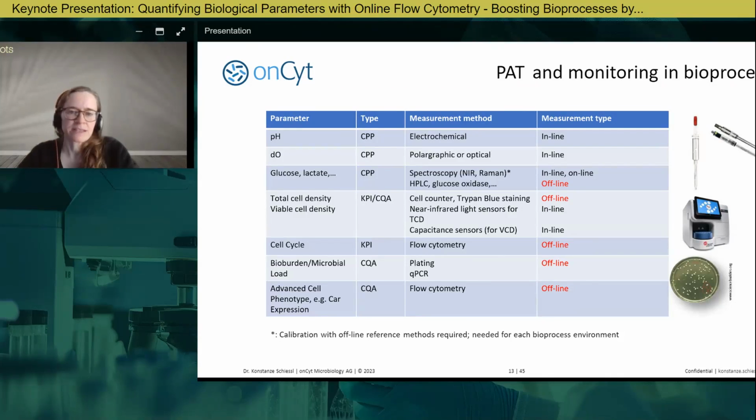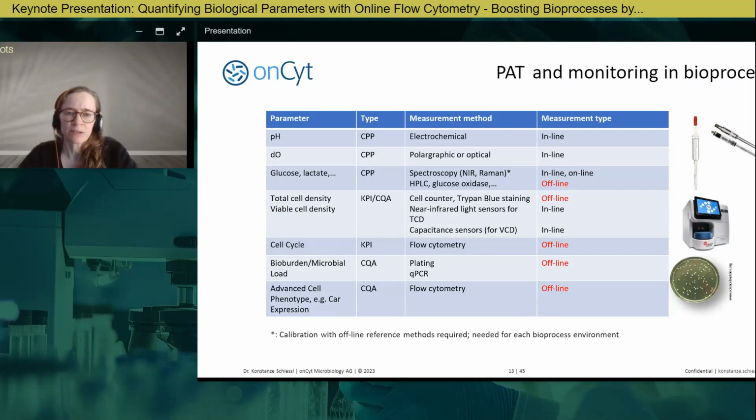Is it a CPP or a KPI? And how are these parameters measured, to give you an overview of the state of the art nowadays? So like I already said, pH, dissolved oxygen, glucose, and lactate. So these are typical CPPs, and the measurement methods vary a bit.